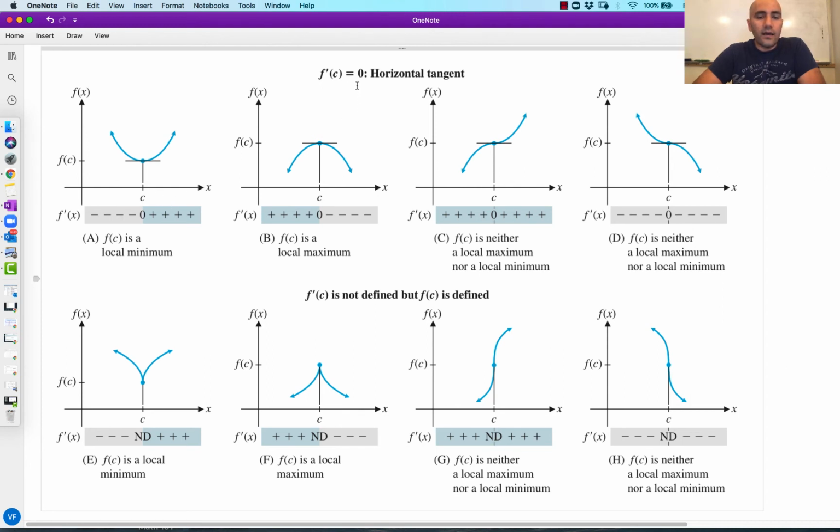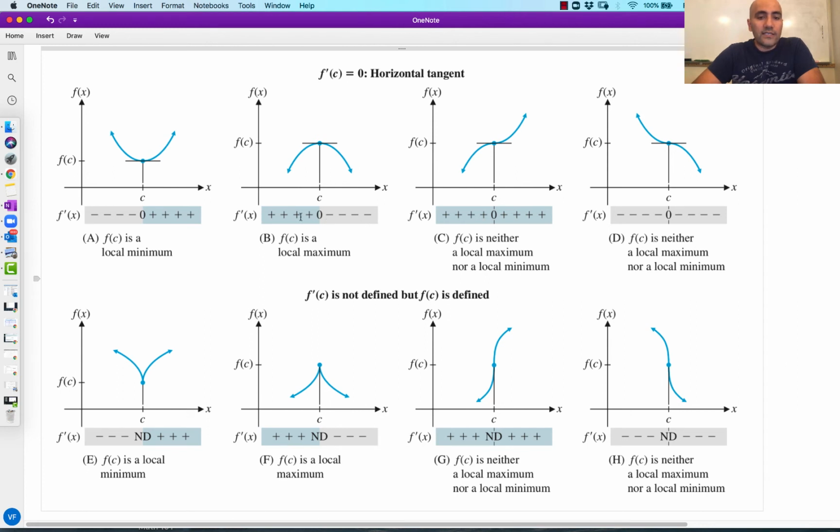Okay, here we have a case where f prime of c equals 0. So we have a horizontal tangent line. Well, by the way, all of these have horizontal tangent lines. Okay, and now if we take a test point to the left of c, the first derivative is positive. If we take a test point to the right of c, the first derivative is negative.